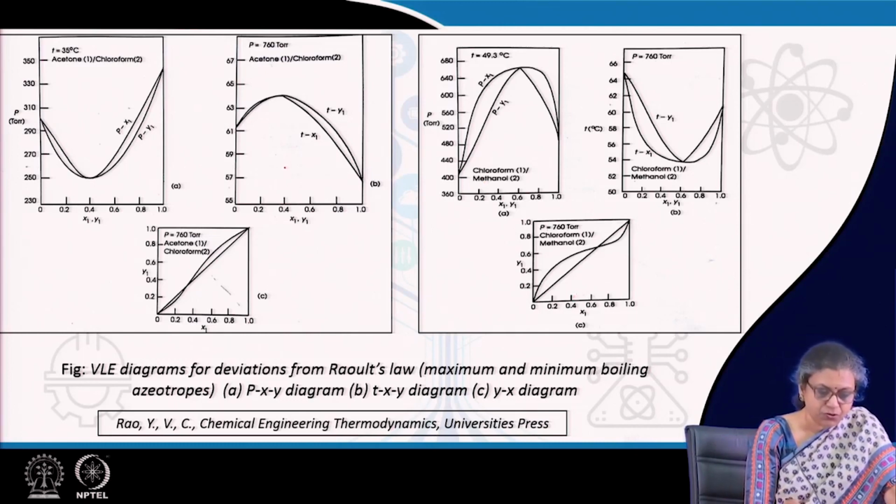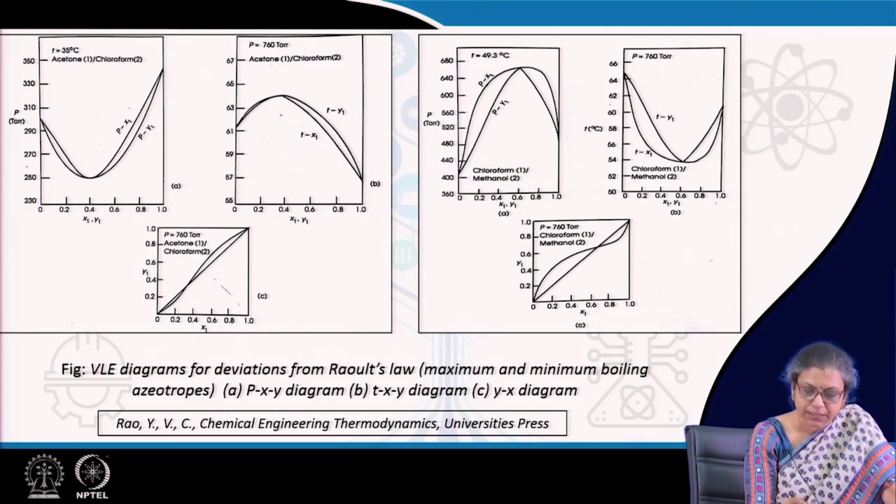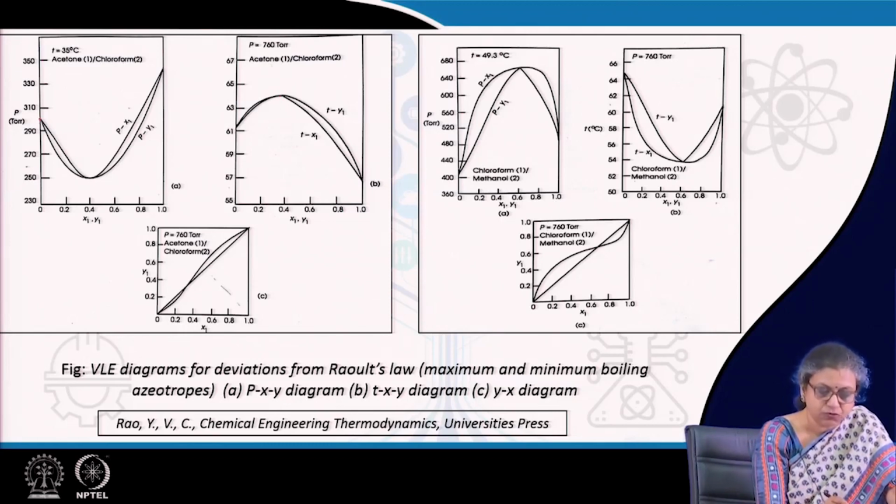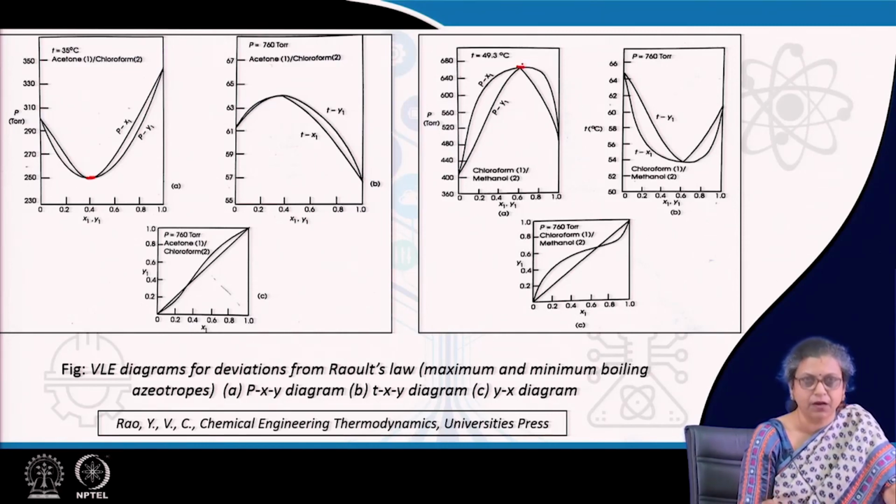This corresponds to the negative deviation from Raoult's law, which forms the maximum boiling azeotrope. When the two boiling points are not very far apart and the deviation is quite high, the Pxy exhibits either a minimum or a maximum.